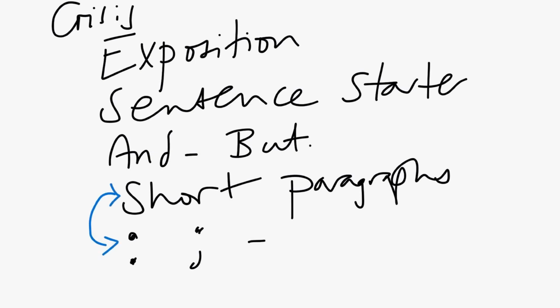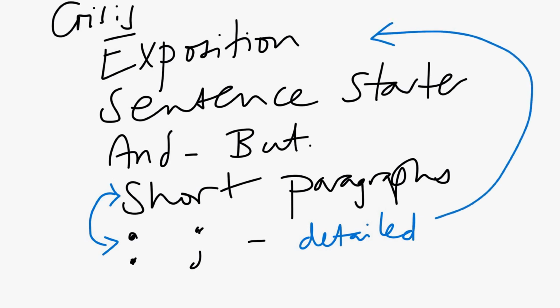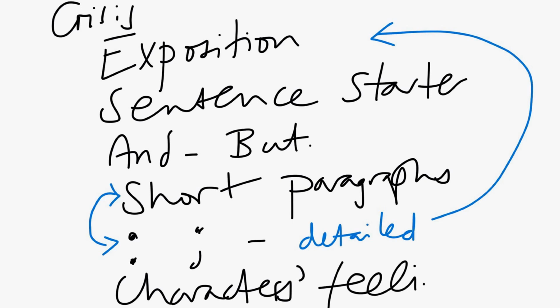Short paragraphs to create tension, and then these longer detailed ones to give that backstory again, the exposition. And hopefully you'll remember that linked to the exposition, I'm always giving the characters' feelings. And by doing that, by giving their feelings, I'm constantly asking the reader to engage with my story.